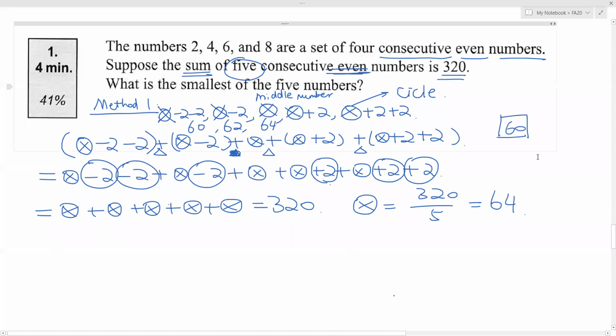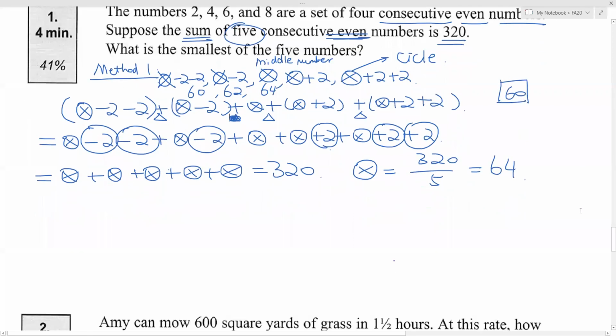This is one way. And the way that I came up with was that for any consecutive numbers, and there are 5 of them, an odd count, the middle number should just be the average.